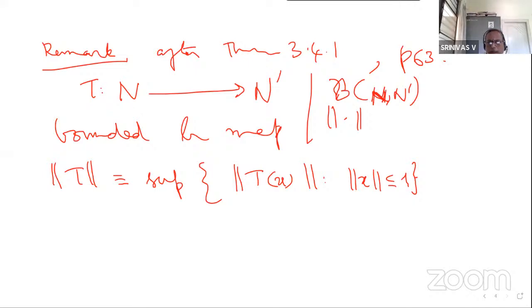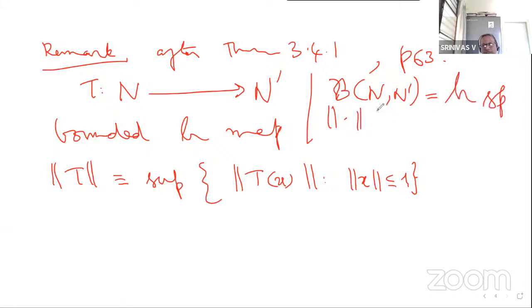I gave you an example of a bounded map. In fact, I forgot to give you an example of an unbounded map also. I'll come to that. So we'll define the set of bounded maps from the linear space N into the linear space N dash. We can show that the set of all bounded linear maps from N to N dash forms a vector space.